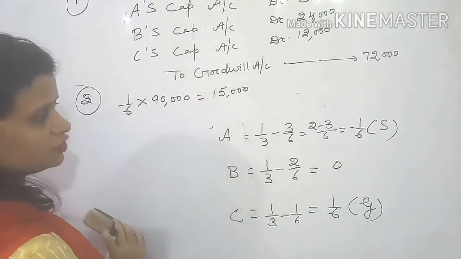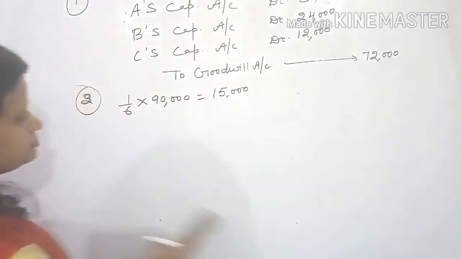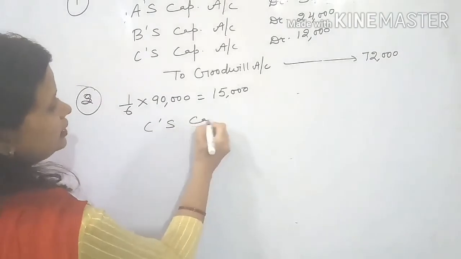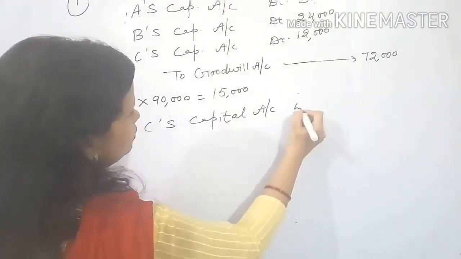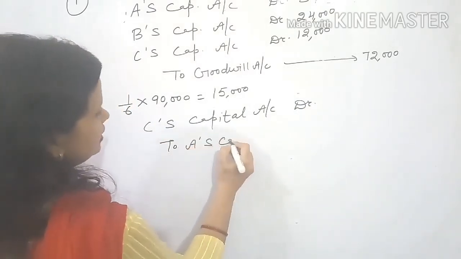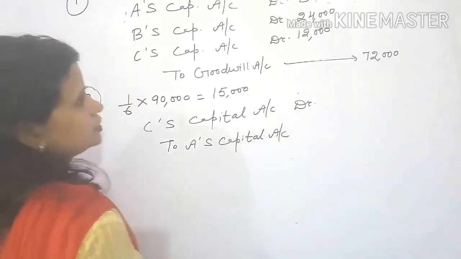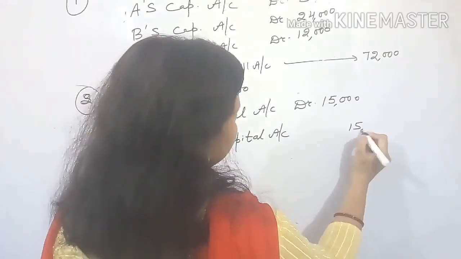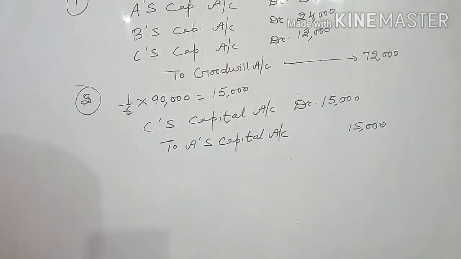It will be 15,000. And in the books of the firm, who will be debited? C, because he is the gainer. C's capital account debit to A's capital account, 15,000. This is how you can calculate.